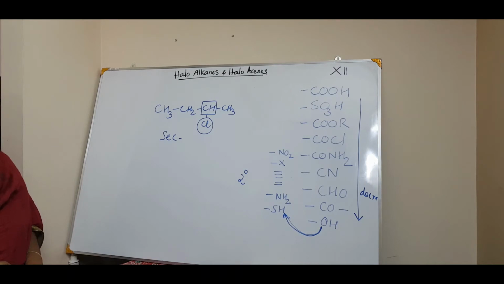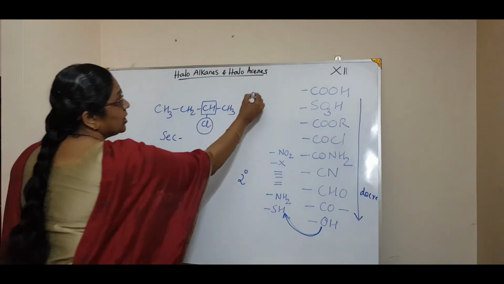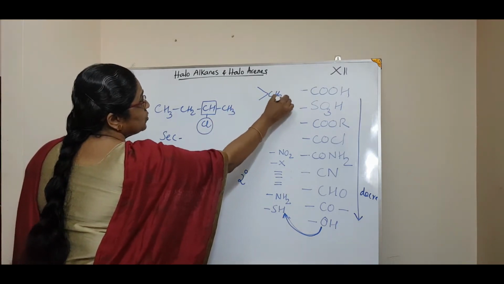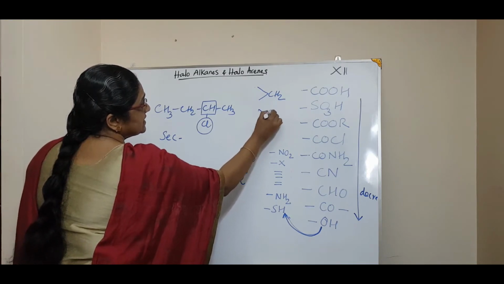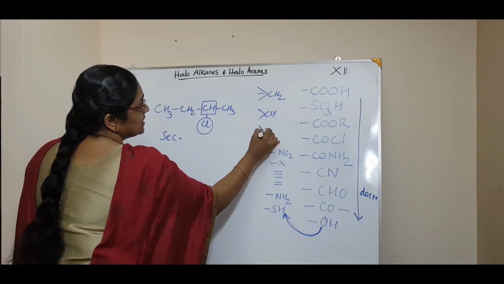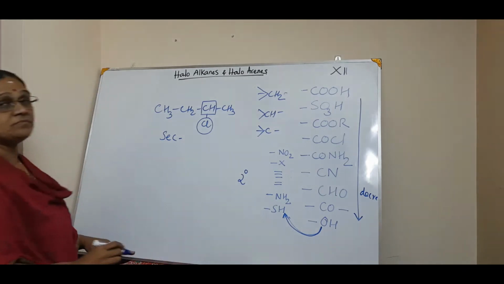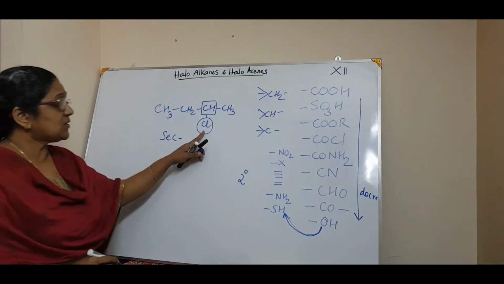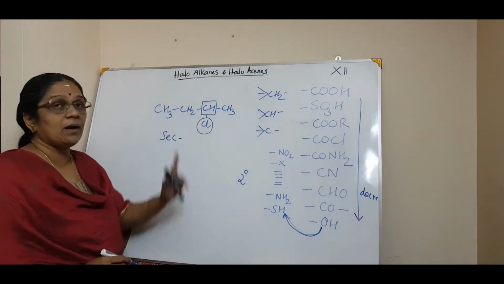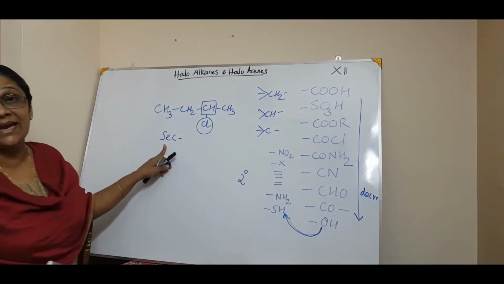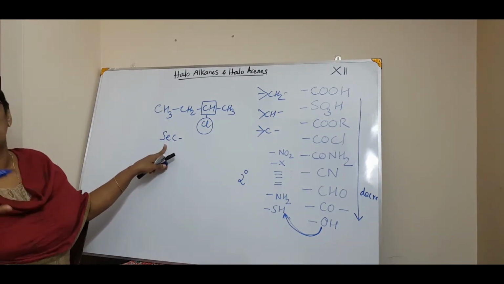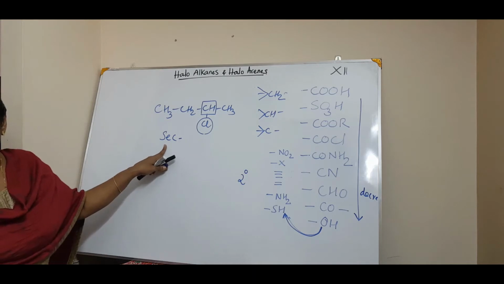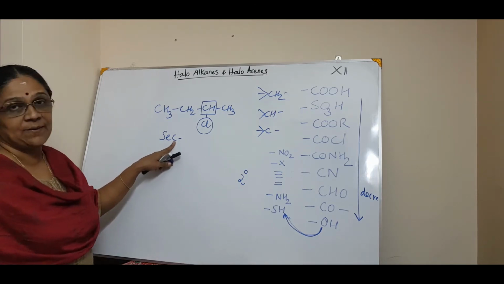Secondary carbon atom means CH. Yesterday I talked about primary, that is CH2, then secondary, that is CH, then tertiary, that is C. So, since the chlorine atom is attached to a secondary carbon atom, you call it secondary, and you won't write the full name, you only specify the abbreviation, that is sec.